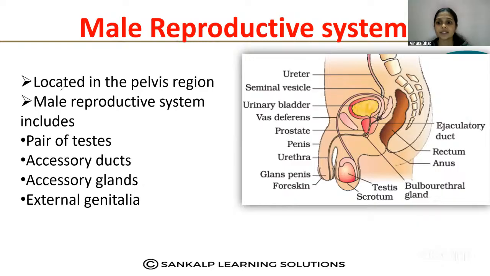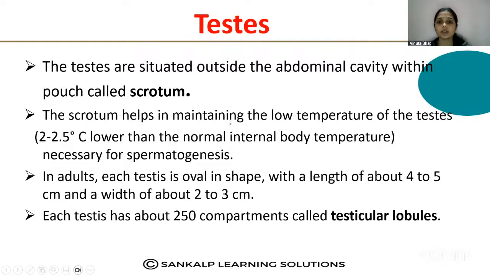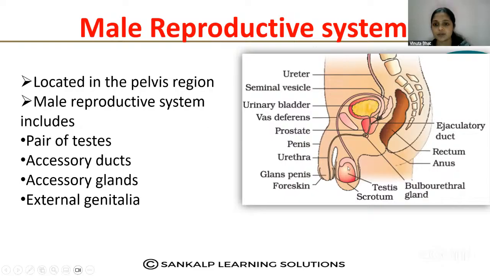The male reproductive system is located in the pelvis region of the male body, and it includes a pair of testes, accessory ducts, accessory glands, and external genitalia. This structure represents the pair of testes, which is present inside a structure called the scrotum.